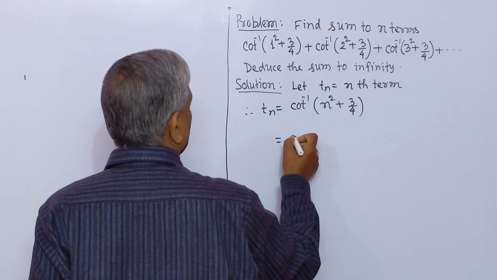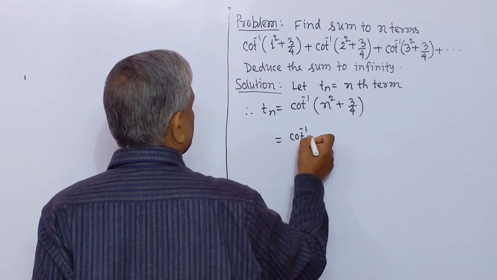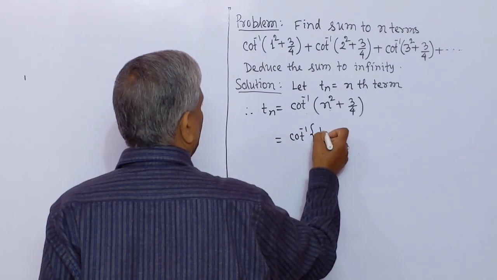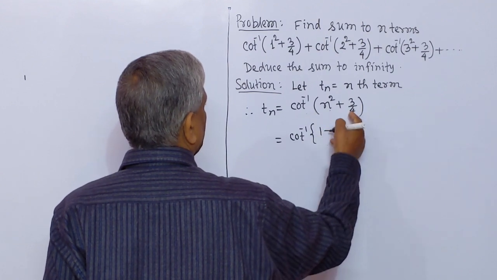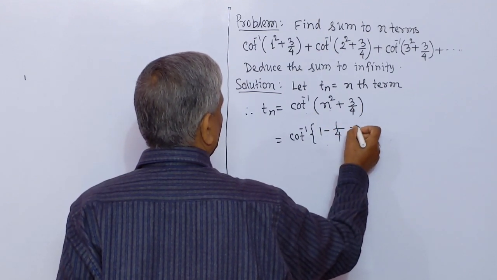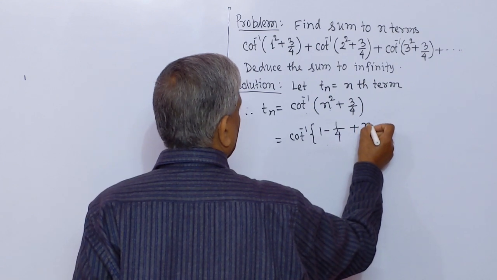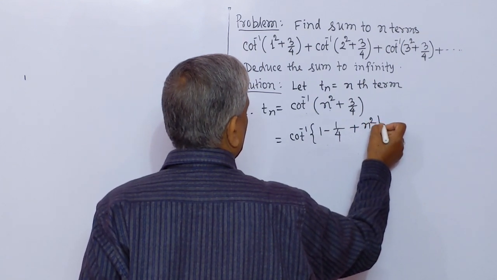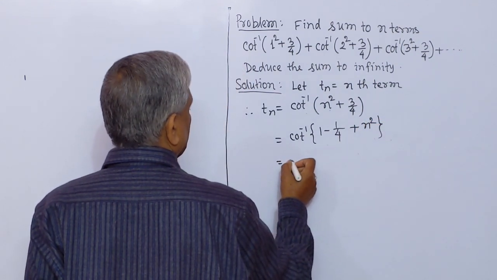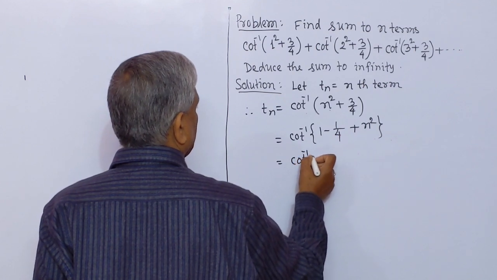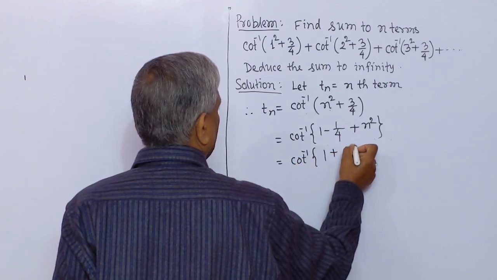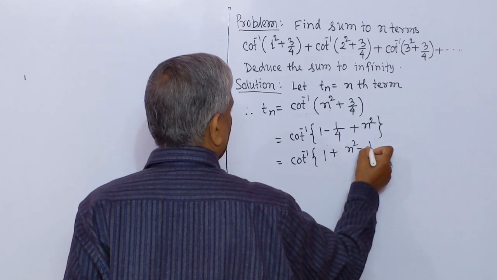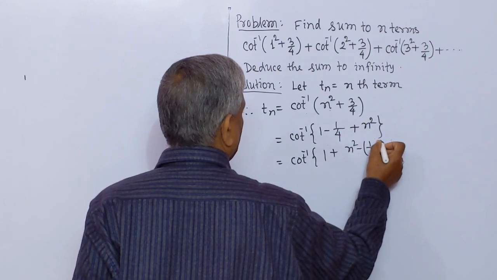This equal to cot inverse (1 minus 1 by 4 is 3 by 4 plus n square). This is equal to cot inverse (1 plus n square minus half square).